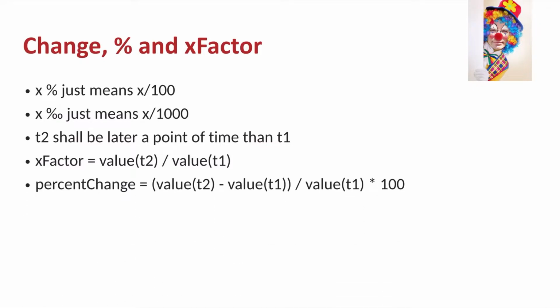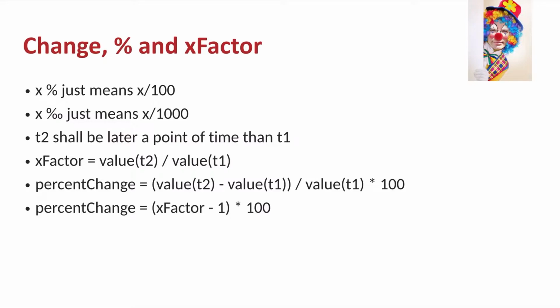And the percent change, the change in percent, is the value at the end minus the value at the beginning, related to the value at the beginning, multiplied by 100, because we want to have the change in percent, therefore times 100. This can also be expressed differently with the X factor.